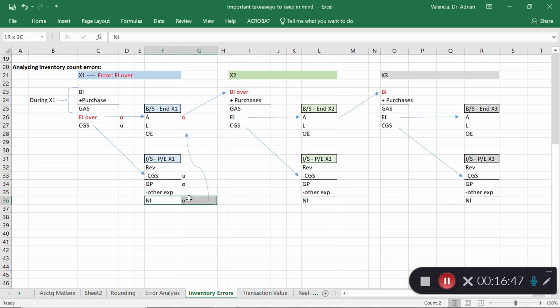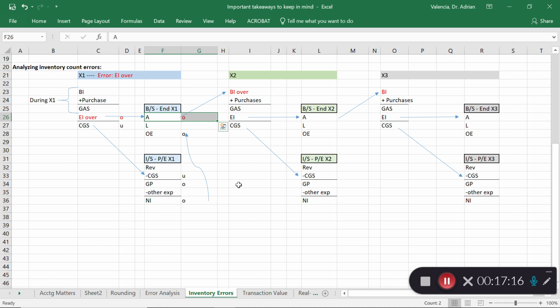So if net income is overstated, when we close that into owner's equity, naturally this is going to be overstated as well. So it's assets equals liabilities plus owner's equity. So these two have to sum up to the same as assets. So if assets are overstated, somewhere around here, there needs to be a balance, right? And that's how this balance occurs.